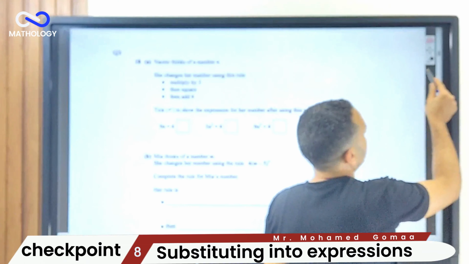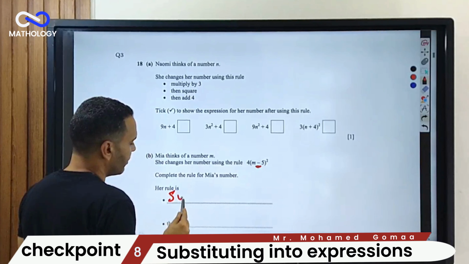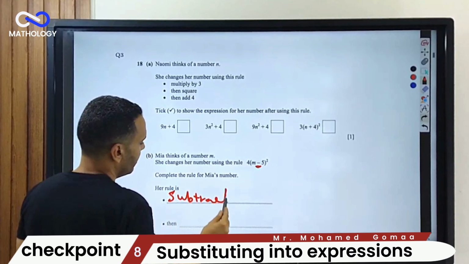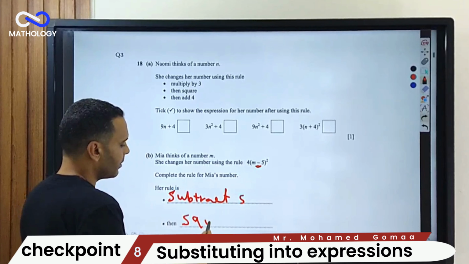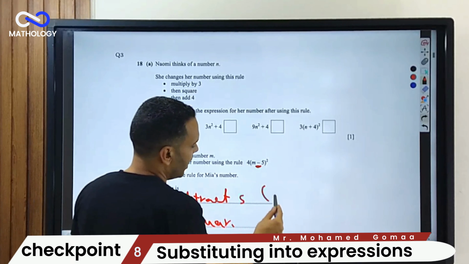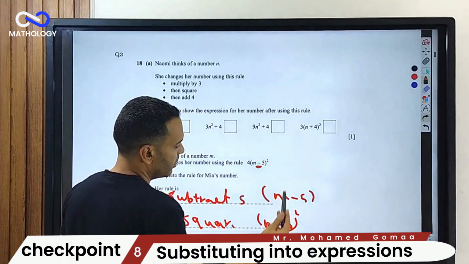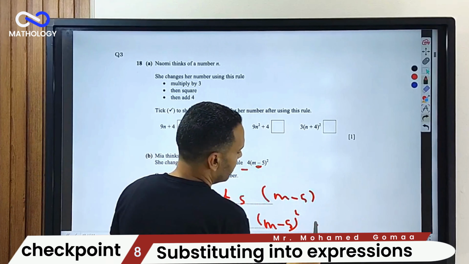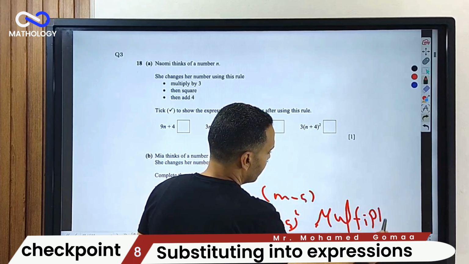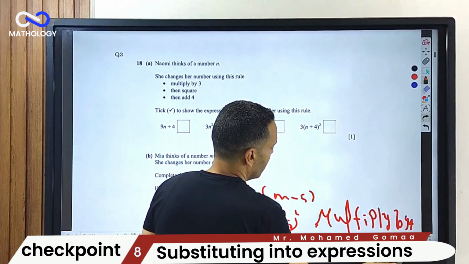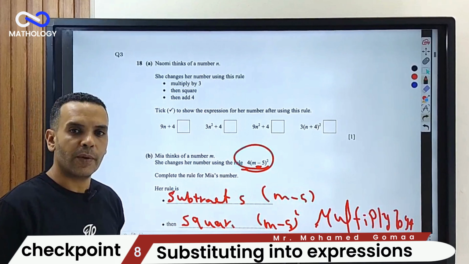Then square the number m minus 5, it will be m minus 5 power 2. Then multiply by 4. Last step, finally, multiply by 4 to make the number like this: 4 multiply m minus 5 all power 2.